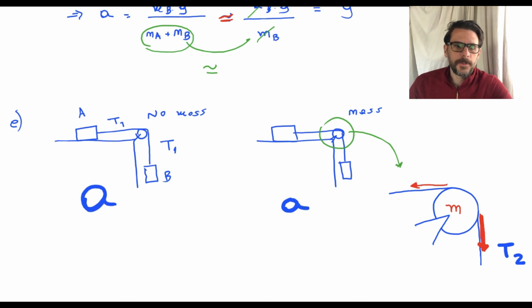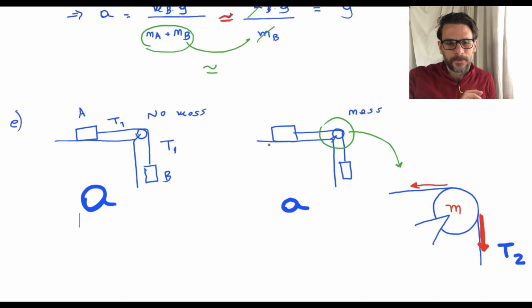The new acceleration is smaller. Why? It's related to the fact that as B is moving downwards, it's not only pushing A to the right, but it's also trying to make that pulley rotate. So the system will now need not only to move A, but also to start rotating the pulley. The entire system is moving with a smaller acceleration.